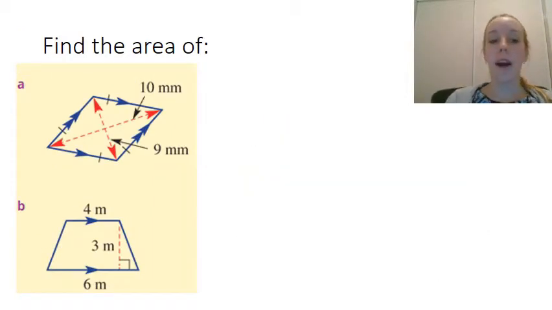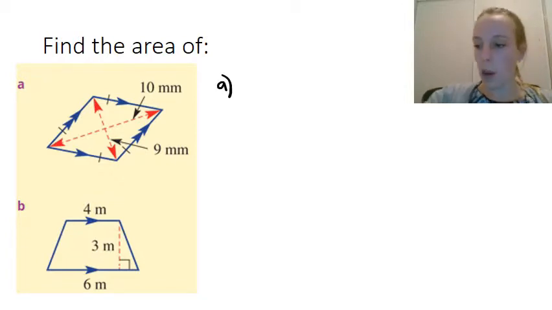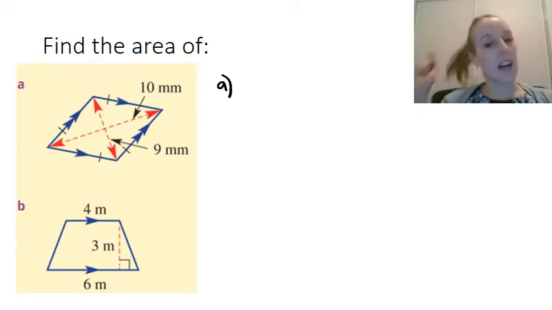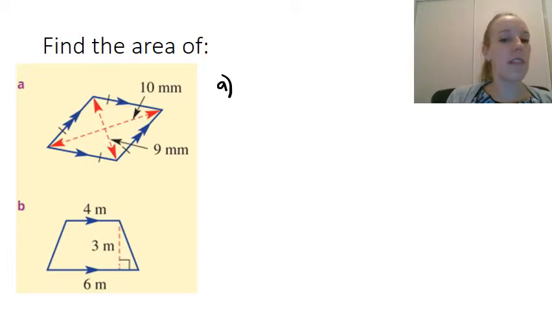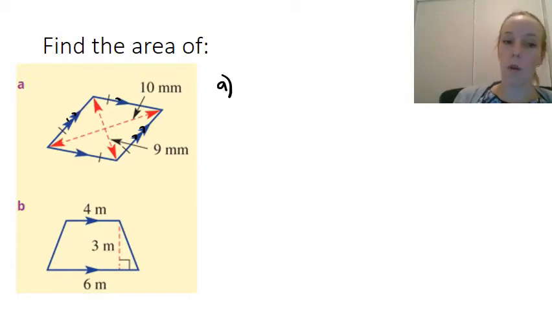Okay, for our next one, we've got 2 more of these special quadrilaterals. For our first one, we're given all these sides. All of these sides are the same length, and these 2 are parallel, and these 2 are parallel. So hopefully you remember that we've got a rhombus.